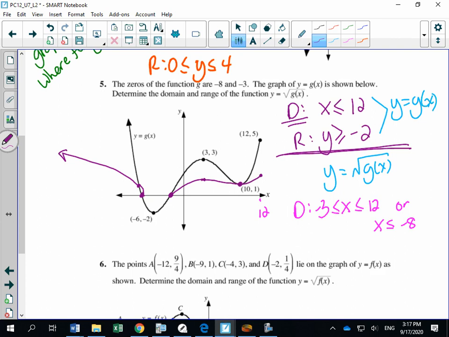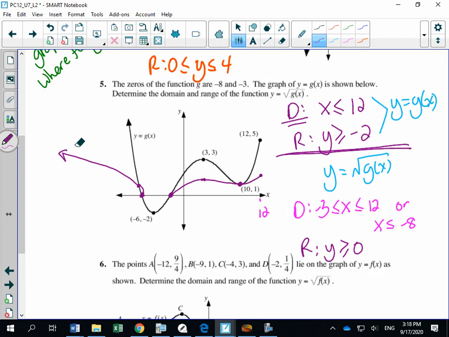So based on this, what is the range of your graph? The range of this was greater than 0, less than whatever that value is. But we only need to list one range. So the range of this piece of my function is y is greater than or equal to 0, because this is just going to continue forever upwards to infinity. So I would say that the range of the transformed function is y is greater than or equal to 0.